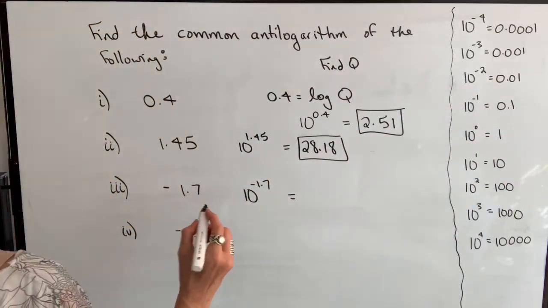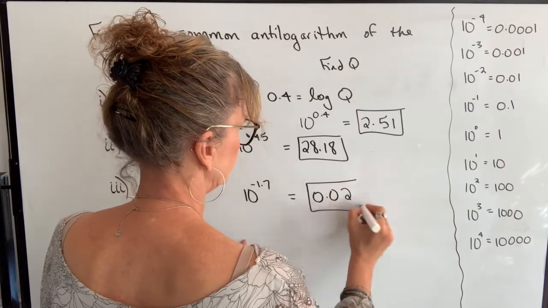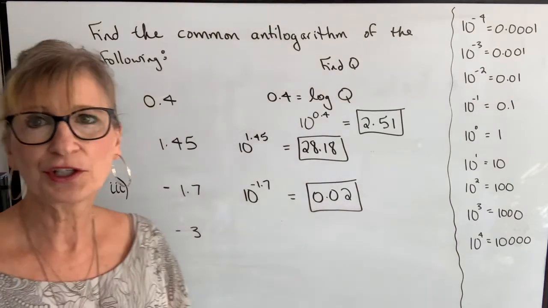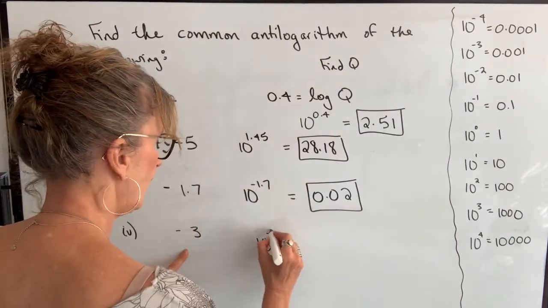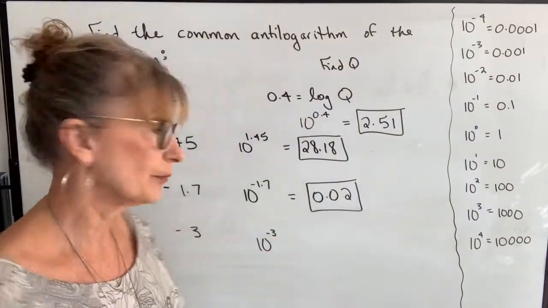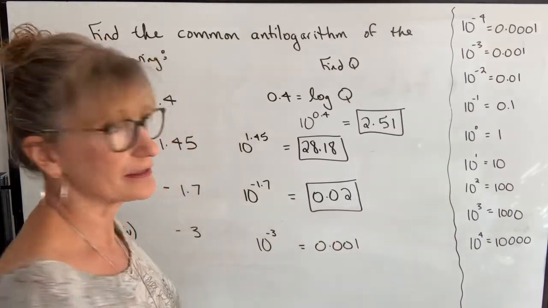We punch it into our calculator using that key, and we get 0.02. The last one I'm not going to even use a calculator for. Whenever you have an exponent that's just an integer, you can leave it in that form, or without a calculator, you can write that as its decimal value.